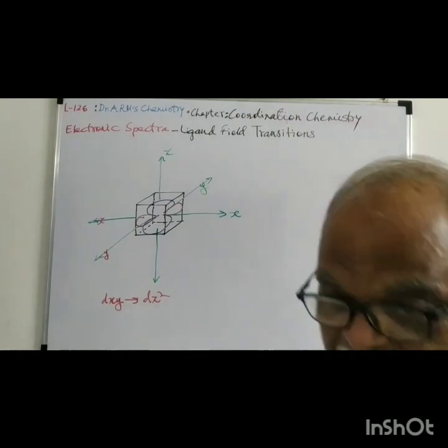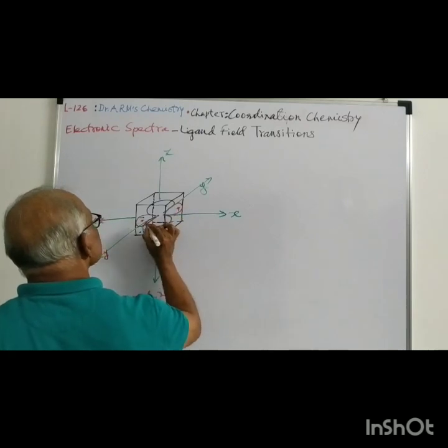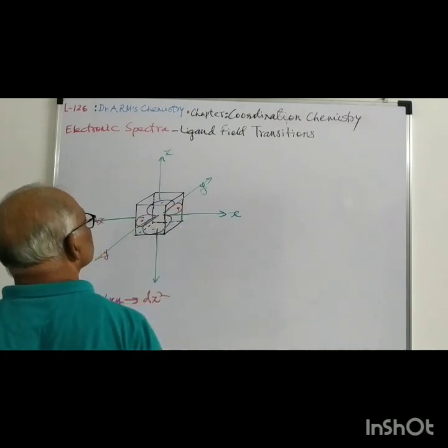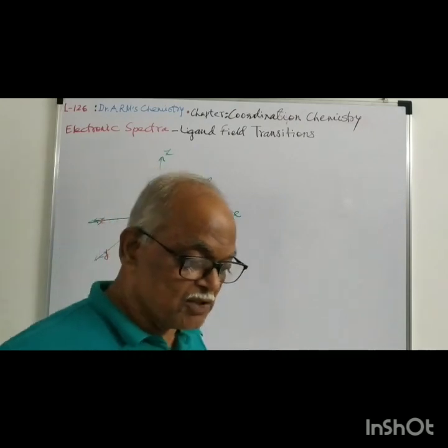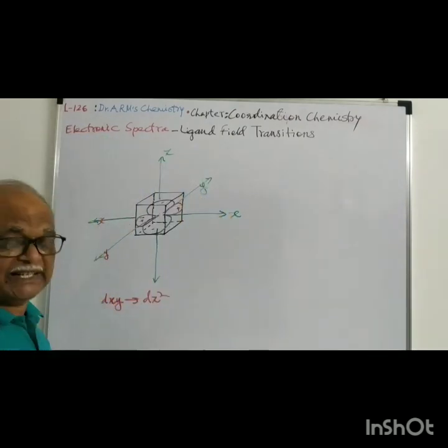So we can mark these. Say these are plus plus sign, these are having say minus minus signs. So this is about only dxy orbital.